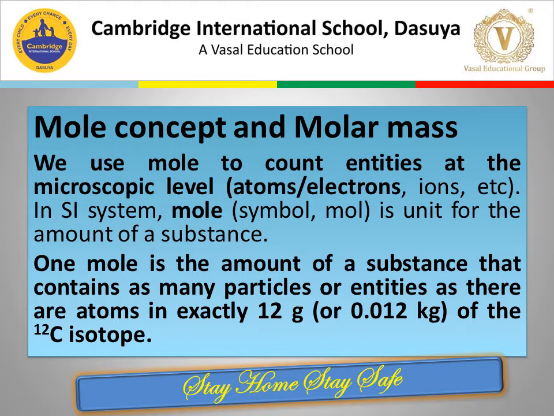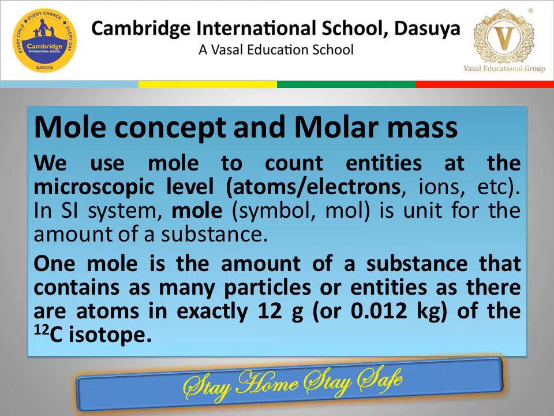And in the SI system, mole was introduced as the 7th base quantity for the amount of substance. And how do we define 1 mole? 1 mole is the amount of a substance that contains as many particles or entities as there are atoms in exactly 12 gram of carbon-12 isotope.